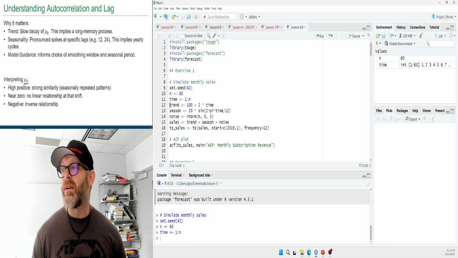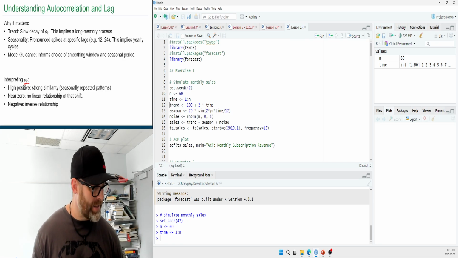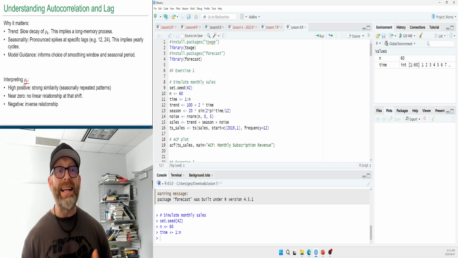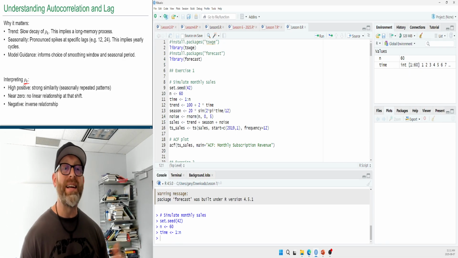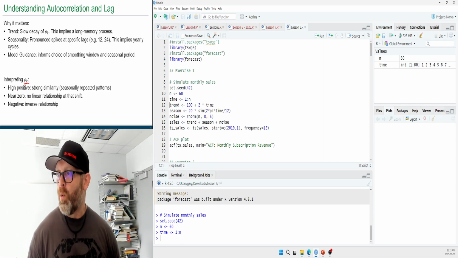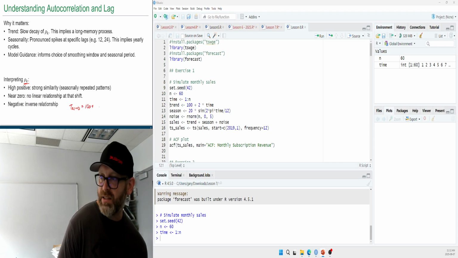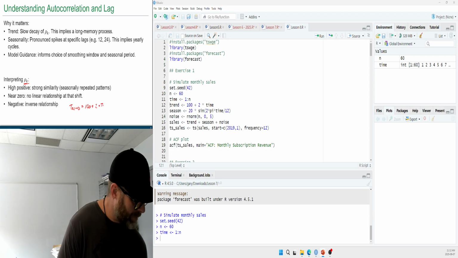Now I'm going to build the trend. So the trend, think of this as, I'm going to use my screen up here, I'm adding a line to this, or something with an intercept and a slope. So for me, what I'm doing here is I'm saying my trend is equal to 100, so this would be my intercept, plus 2 times time.